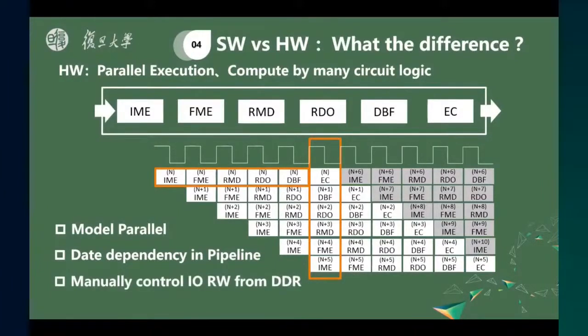And also, the designer needs to manually control I/O reads and writes from the DDR. So hardware design is much more difficult than software design. And for hardware design, we usually first develop C models to evaluate the coding efficiency, and to make the pipeline free of data dependencies.